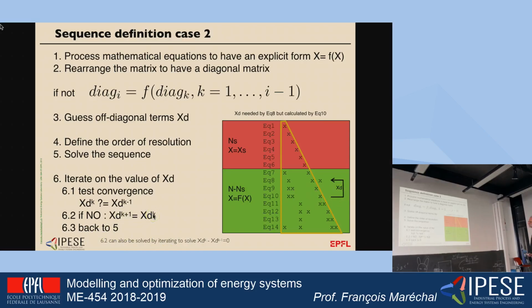And then I will have to go back to redo the sequence until I'm satisfied. So it means until the value that I'm calculating is close enough to the value that I have guessed. Okay? And by doing this, I will be able to still solve the sequence. Okay?